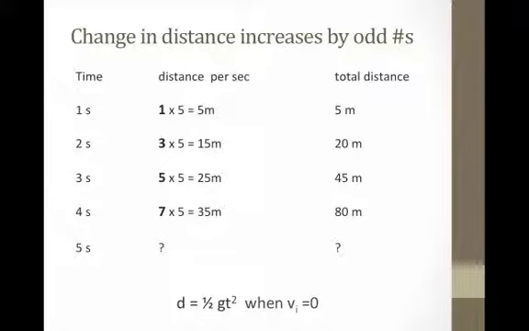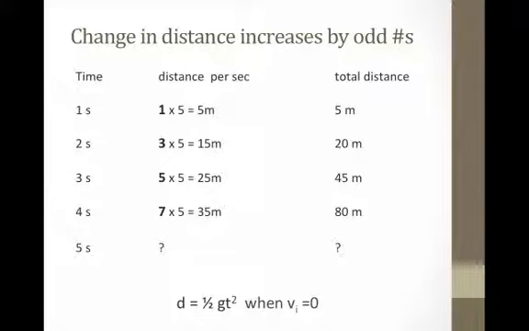Okay, so what you should have gotten is the next odd number is 9 times 5, which would equal 45 meters. So in the fifth second, it would have traveled 45 meters in just that 1 second, but a total distance for all 5 seconds would be 125 meters. Okay, so Galileo came up with that really amazing method.